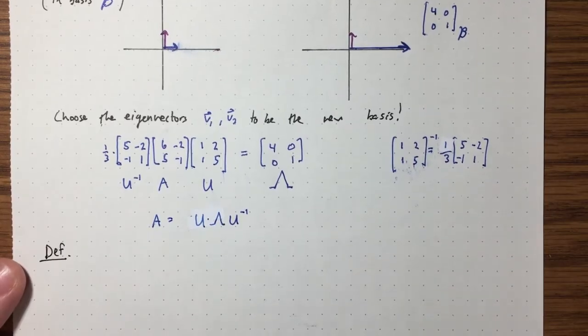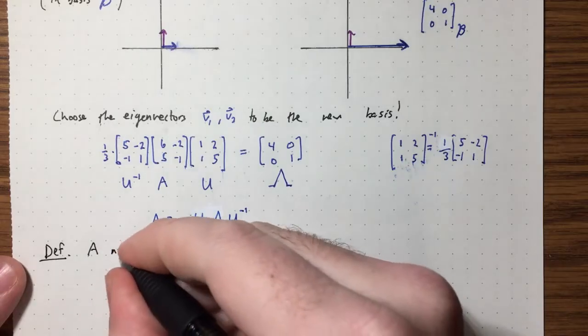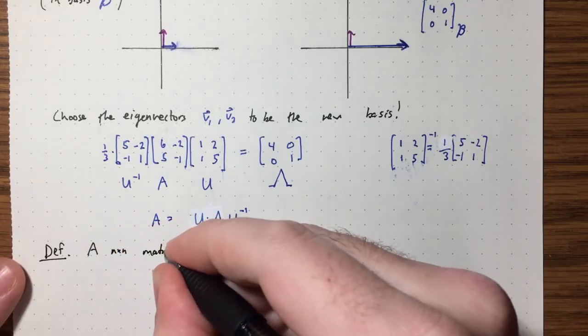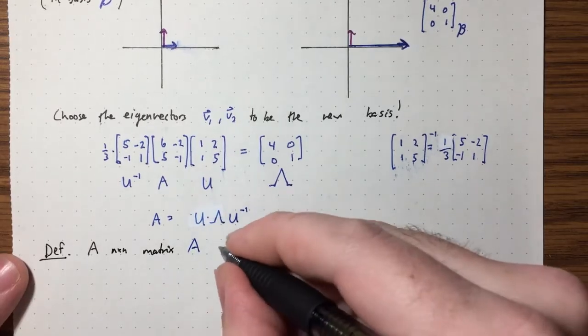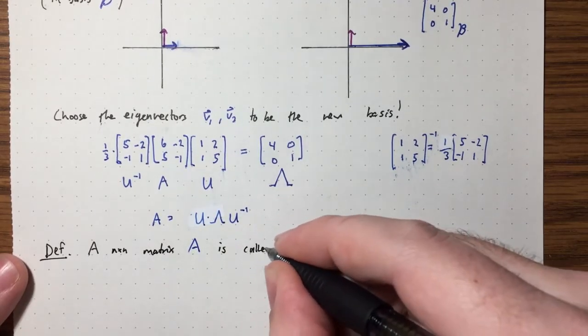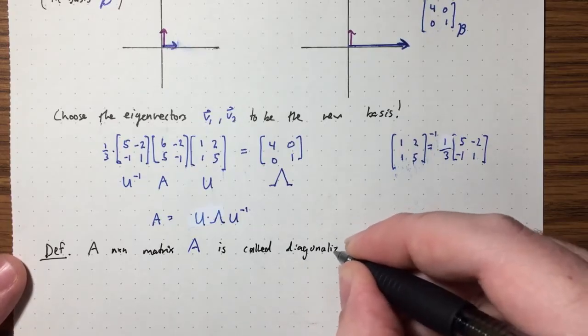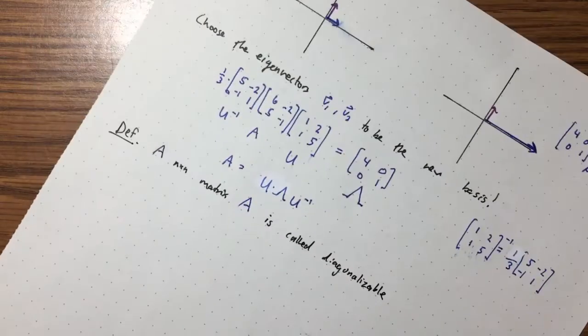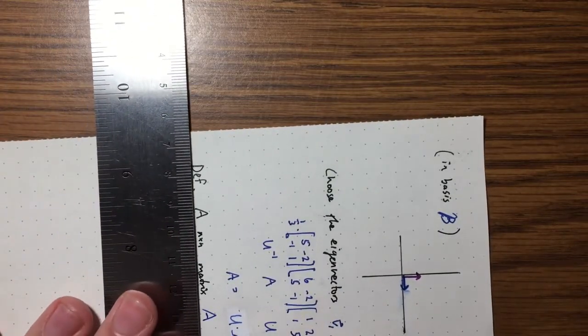So an m by n matrix, capital A, is called diagonalizable. Very important concept. I guarantee you'll see this in whatever you end up doing with linear algebra.